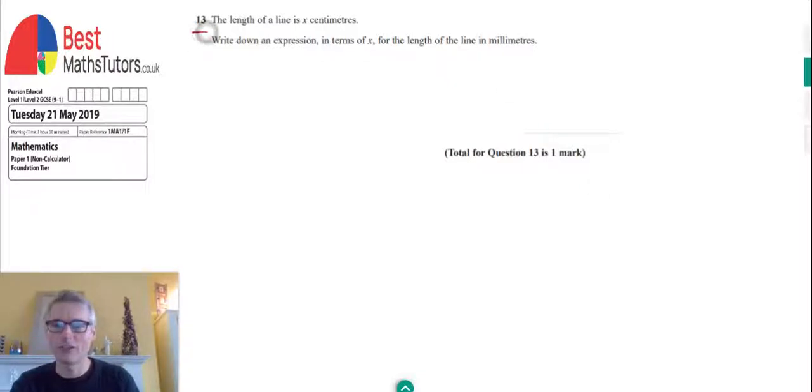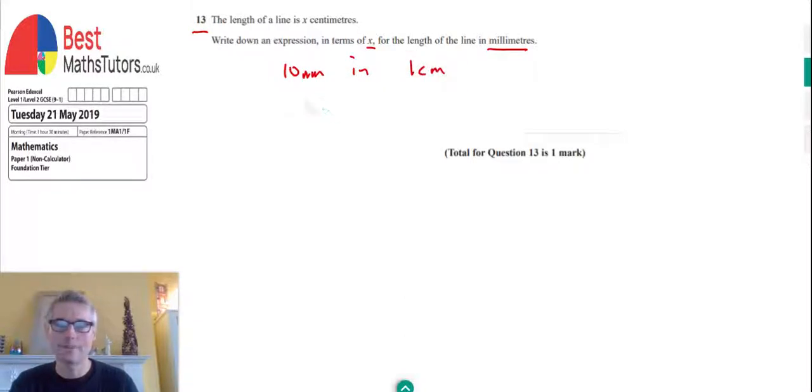Question 13 says the length of a line is x centimetres, and we've got to write down an expression in terms of x for the length of the line in millimetres. All we need to know is that there are 10 millimetres in 1 centimetre.